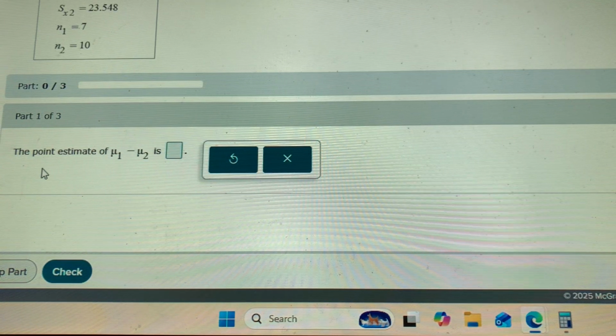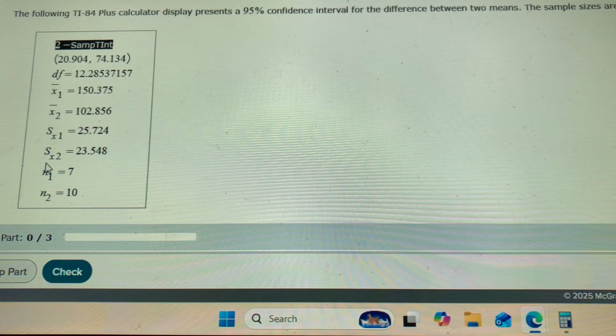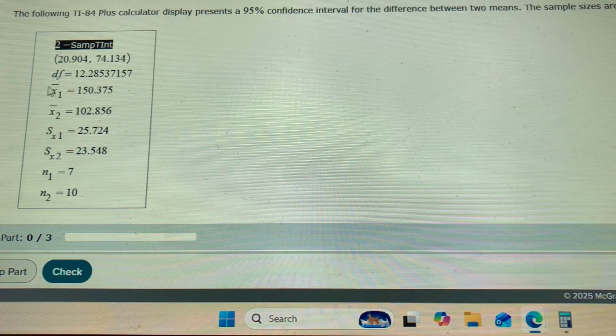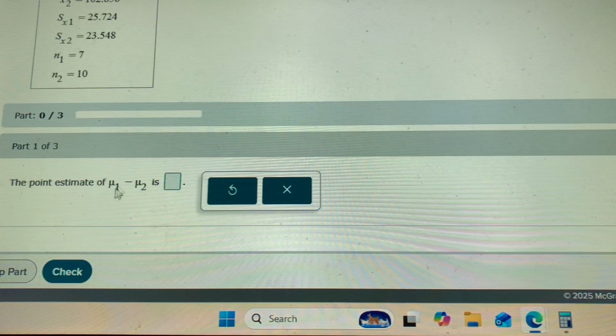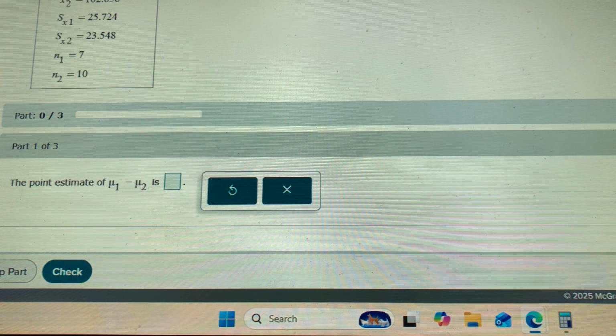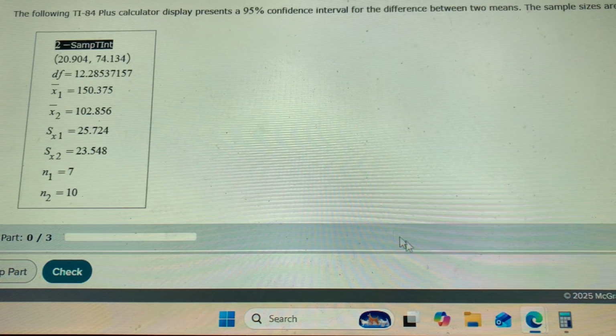Normally, a point estimate for one-population problems is whatever the sample mean, sample proportion, or sample standard deviation is. Since we have two sample averages here, and we're trying to find mu1 minus mu2, the point estimate would be x bar 1 minus x bar 2.